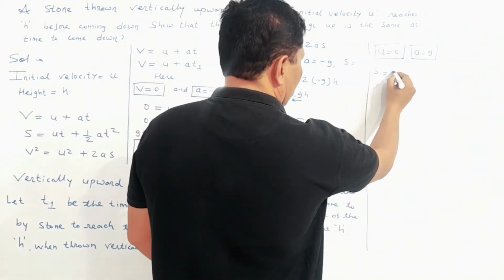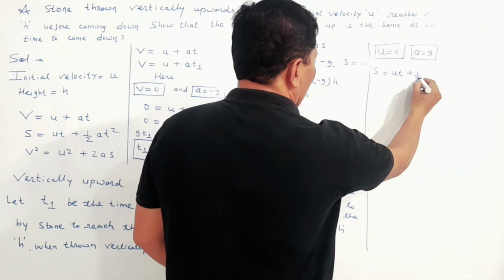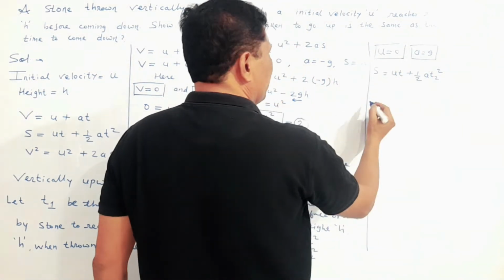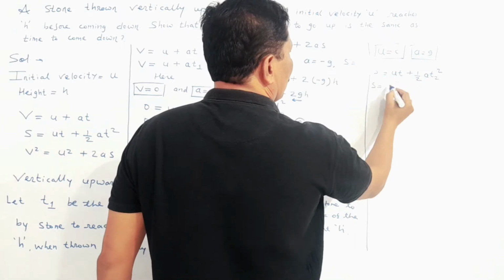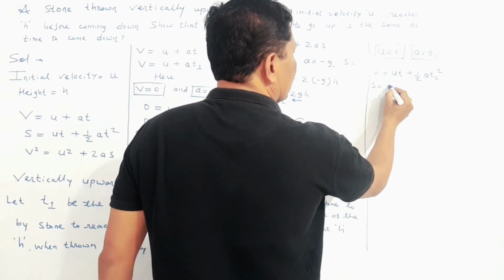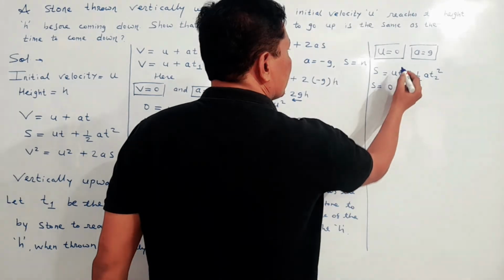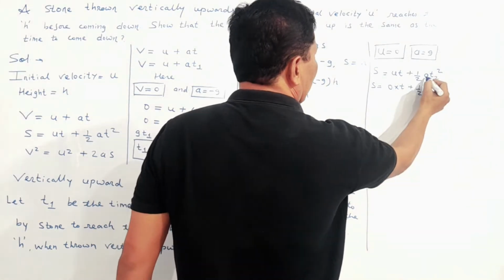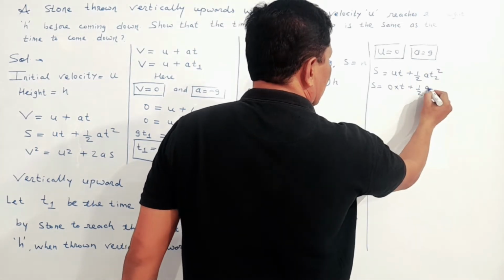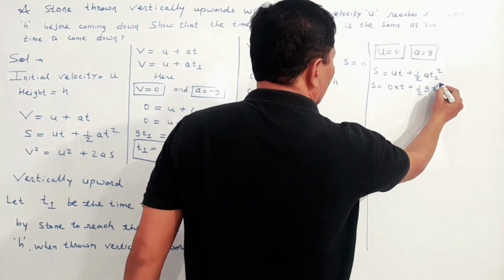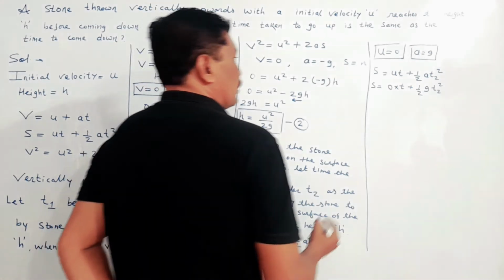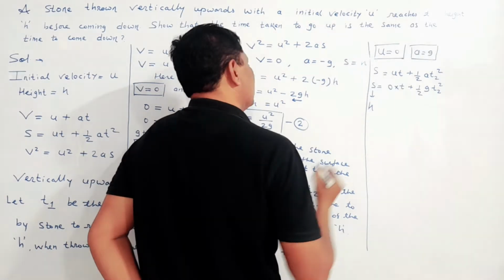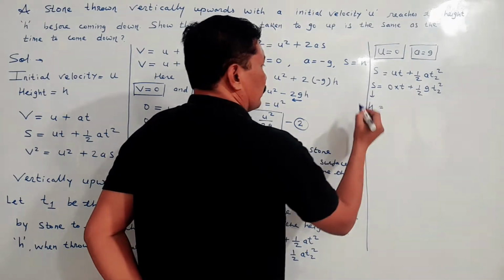S is equal to ut plus half at square. This equation will become S is equal to u, which is 0, into t plus half, in place of a we will write g, and t square. Now my dear student, here s is equal to h, so we can write s is equal to h.